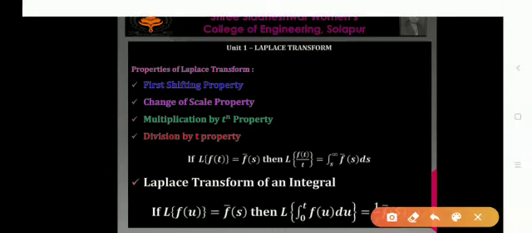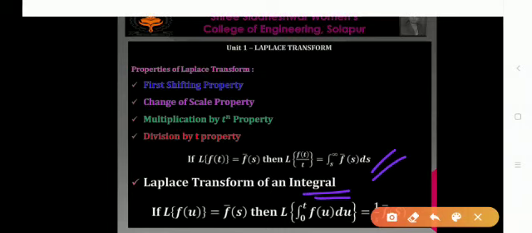Just note this thing: if the function of t is divided by t, then we are taking integration of f bar of s, and obviously the integration is with respect to s within the limit s to infinity. When we have to take Laplace transform of an integral, then we are dividing by s. So in this way you can remember these two properties.